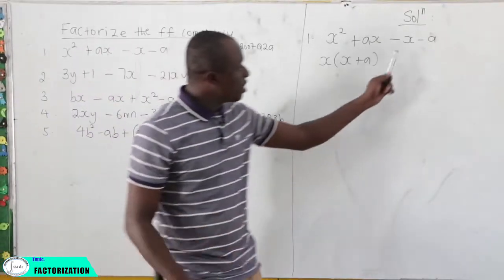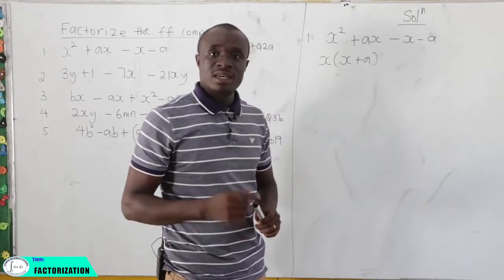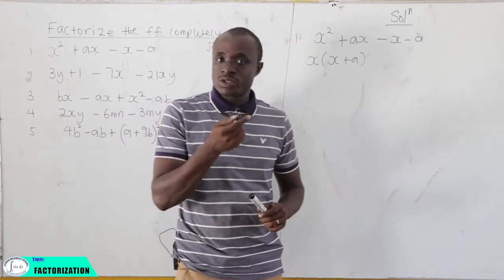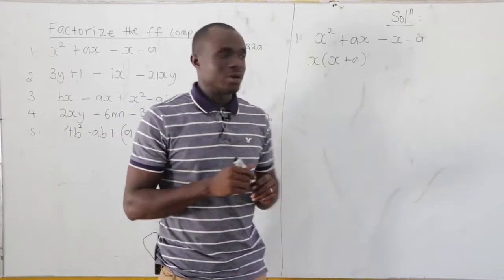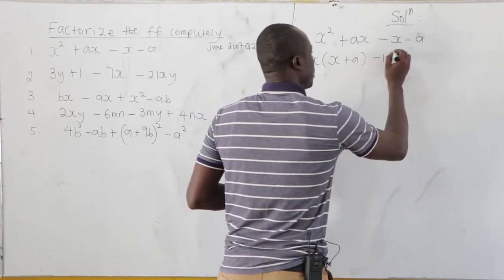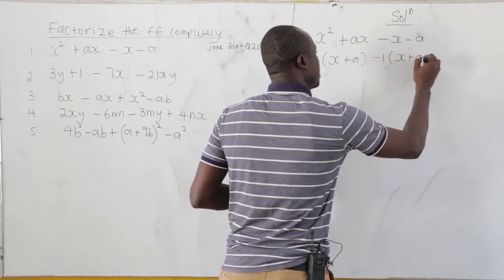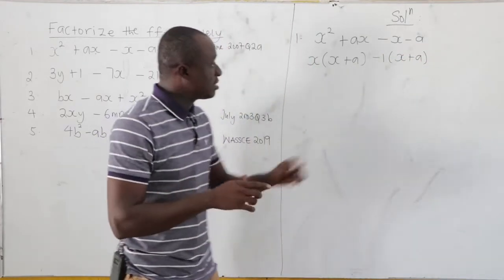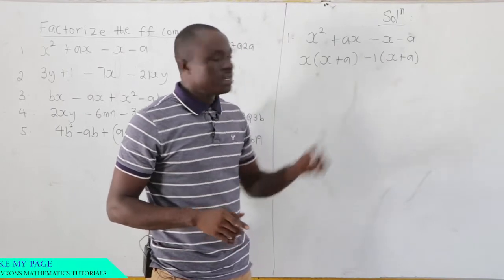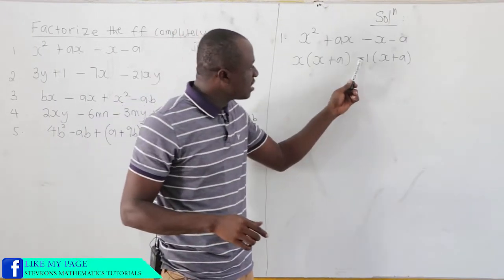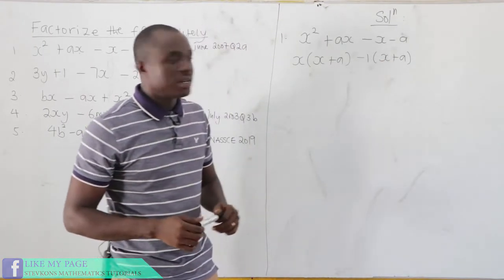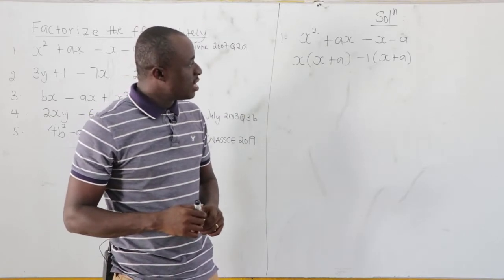Now over here we have negative x, negative a. Clearly negative 1 is common. So let me factorize the negative 1 out. I'll get negative 1 and here will be x plus a. Negative 1 times x is negative x, and negative times positive is negative a.